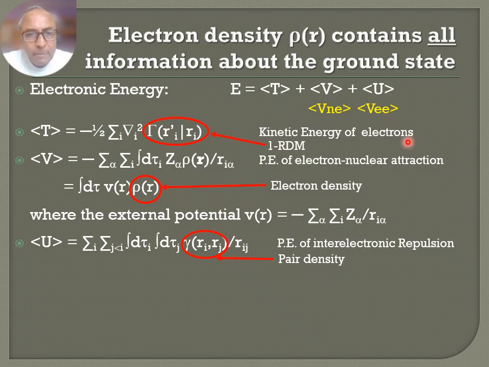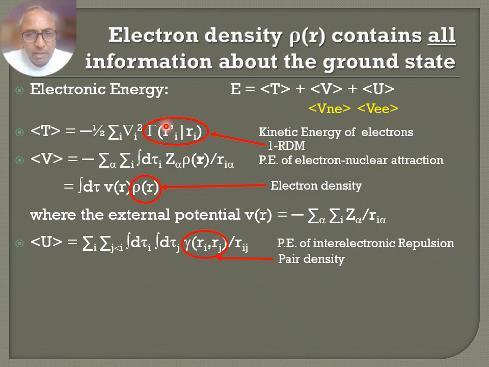So we see that to calculate the energy, you don't need the wave function at all. All you need is the 1 RDM, the electron density, which can be obtained from the 1 RDM, and the pair density, which can be obtained from the 2 RDM.